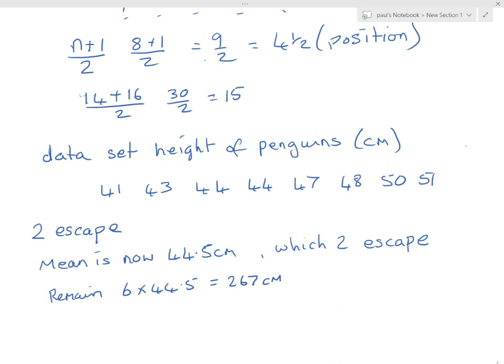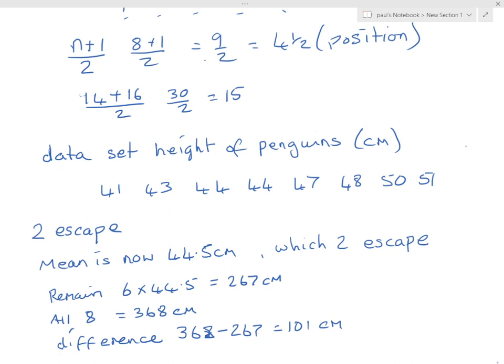Now, all eight penguins, we need to add them all together, and that gives us 368 centimeters. So the difference is the 2 that have escaped, which is 368 minus 267, which equals 101 centimeters.